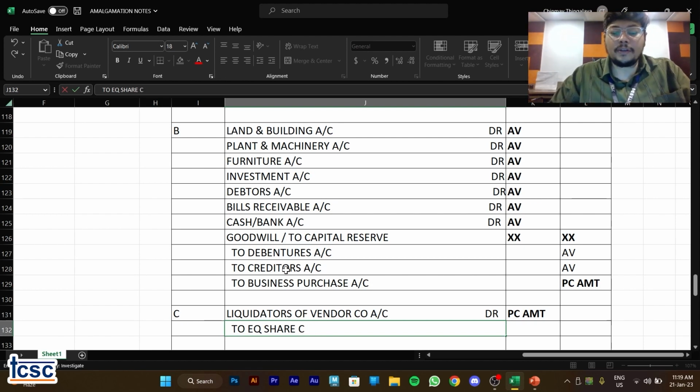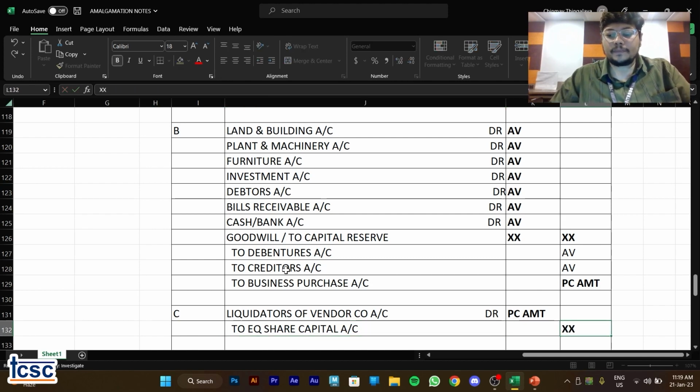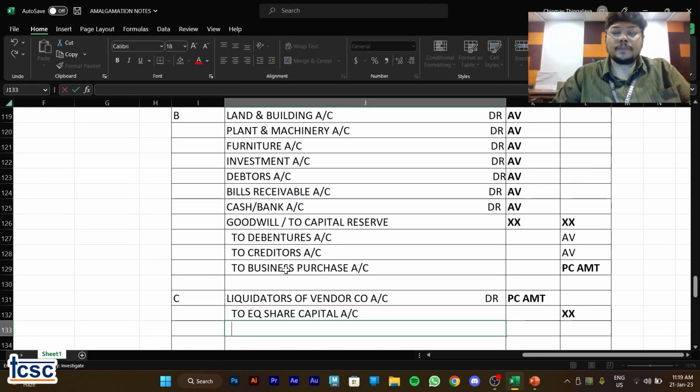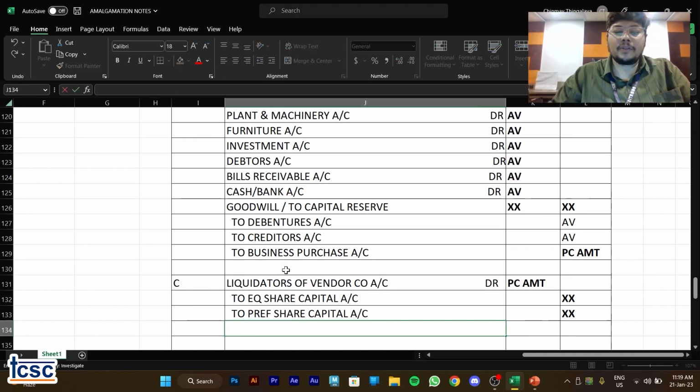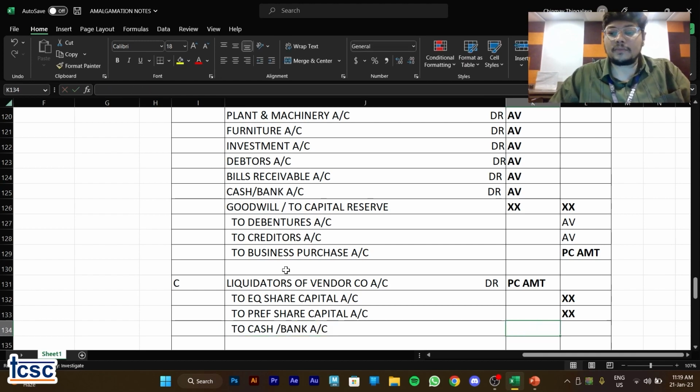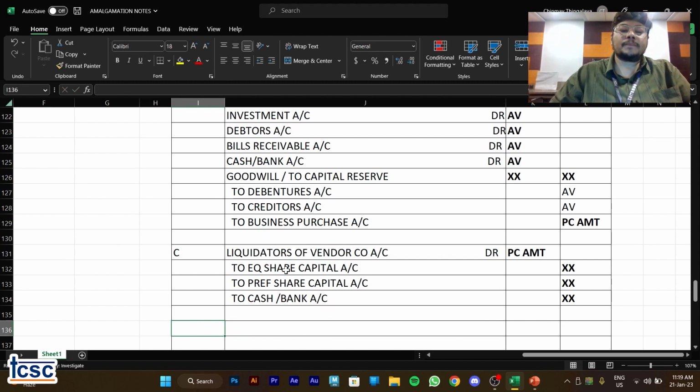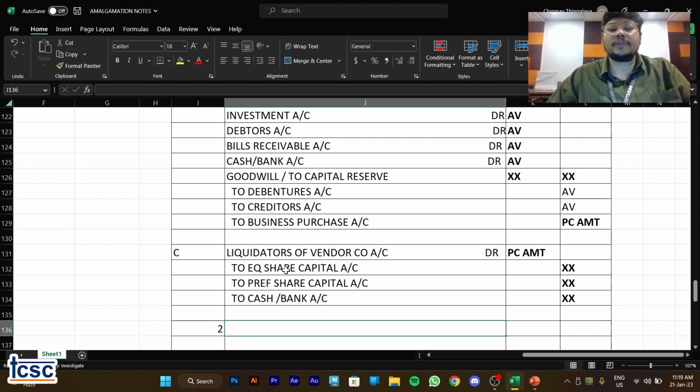To equity share capital account, to preference share capital account. It can be in the form of cash bank also, to cash bank account. So this is the first part.